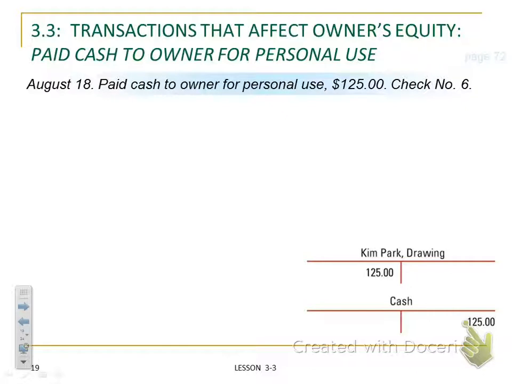Kim Park Drawing is an owner's equity account. The normal side balance for the drawing is a debit because the drawing account reduces our owner's value in the business. So in this case, we're going to record Kim Park Drawing in the drawing account on the debit side.